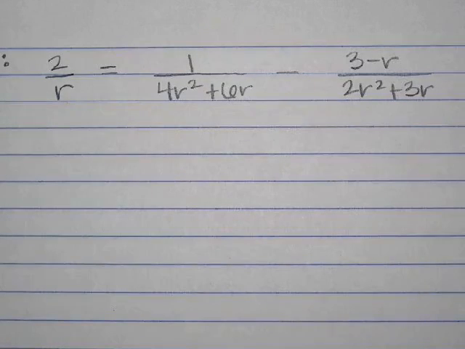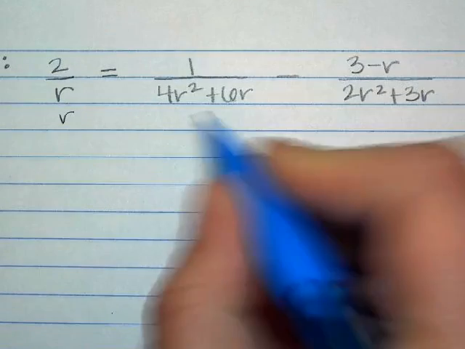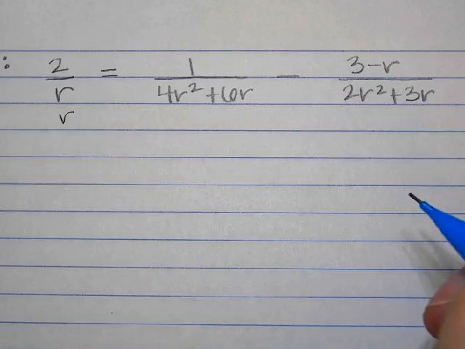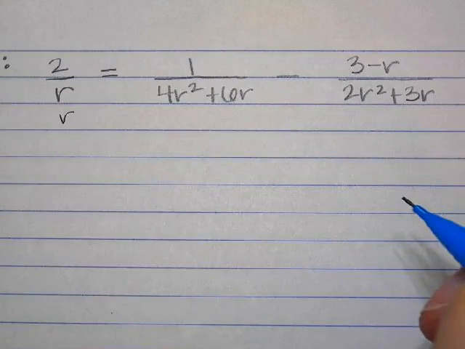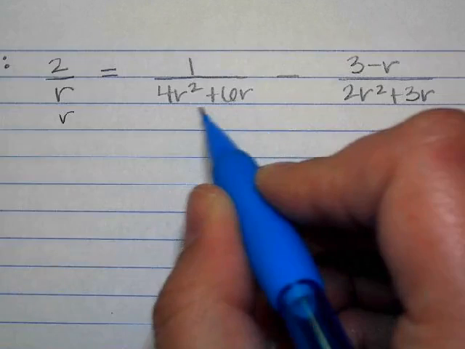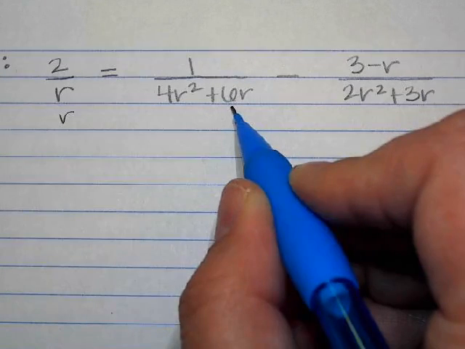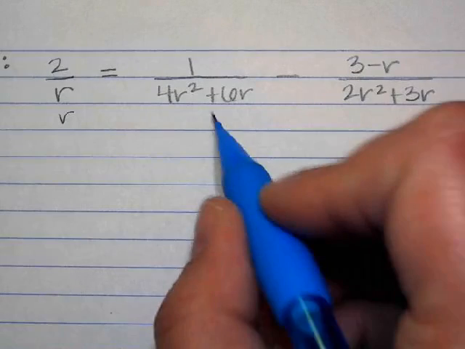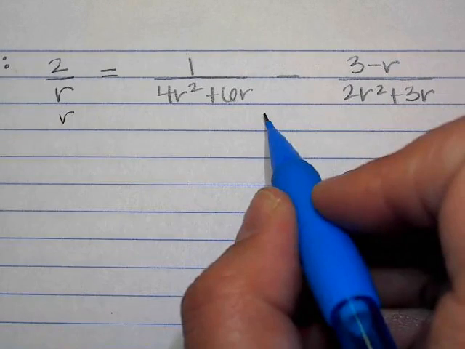Yeah, look at our denominators, find a common denominator first. So this is just an r. What's this denominator? We can't do that because this is a plus in between its 2 terms.